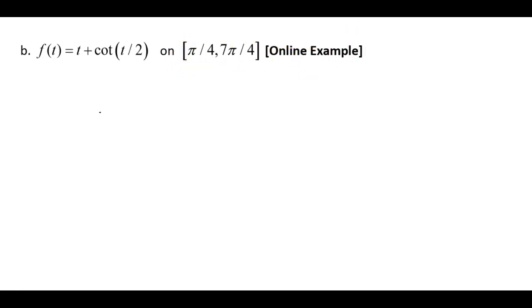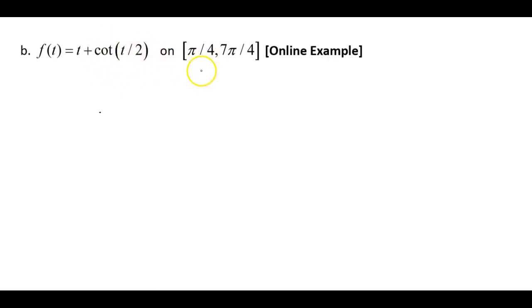Now recall in class that I said it's always a good idea just to make sure that the given function is in fact continuous on this closed interval. So we can see here that this function is a sum of two functions, a linear function, which is continuous for all real numbers, and cotangent of t over 2. Now cotangent will be continuous as long as t is in the domain of this function.